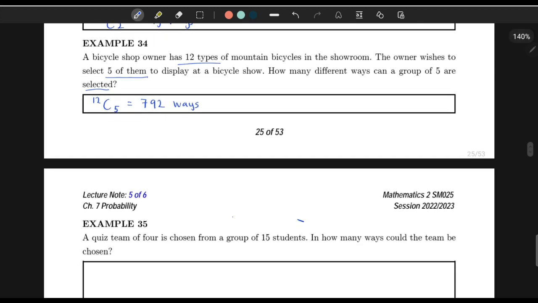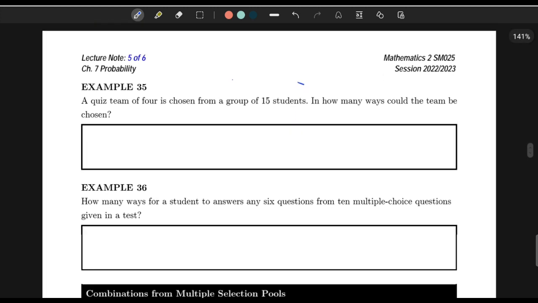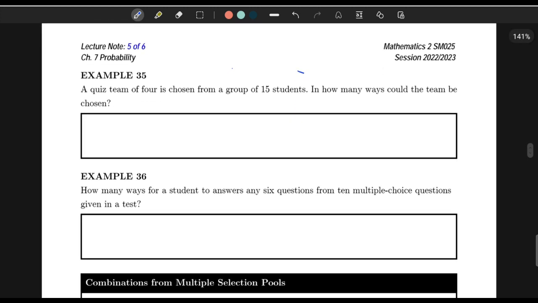Example 35. A quiz team of 4 is chosen from a group of 15 students. So, the number of students is n. We have n equal to 15. In how many ways could the team be chosen? So, the number of members of a team is 4. We want to choose 4.